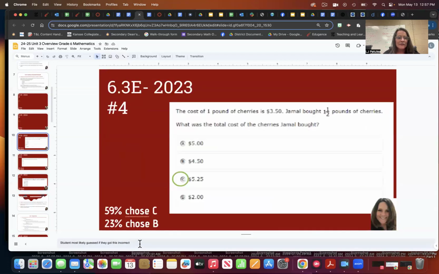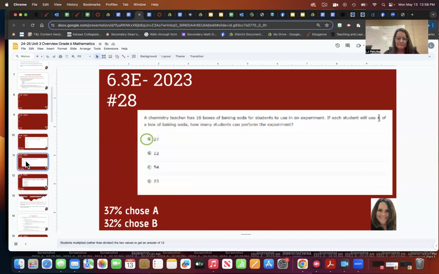If we look at this one, 59% chose the correct answer. 23% in the state chose B. They most likely guessed since the rest of the answers were pretty similar. On this one, 37% of the students chose A. That was the correct answer. However, 32% chose B. And the way they got B is they multiplied rather than divided the values.